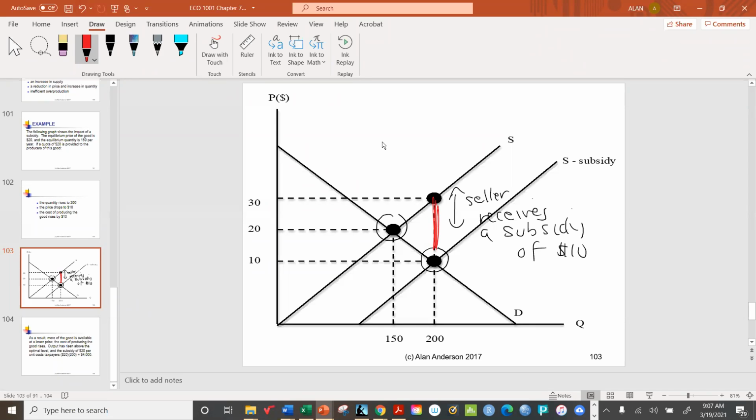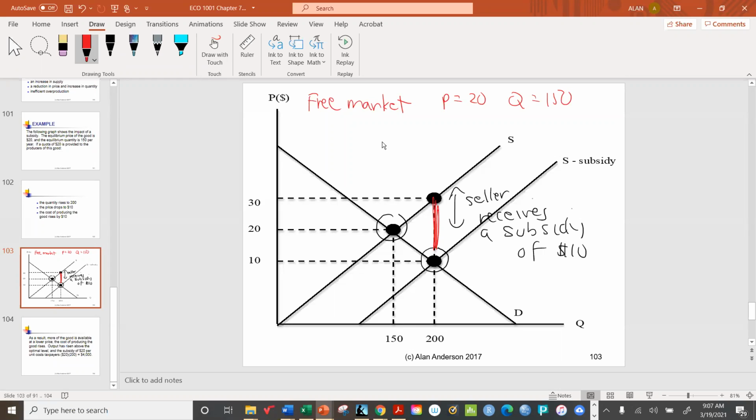So when you shift the supply, look at the original supply curve. Before, with the free market, you had a price of 20 and a quantity of 150. Whereas now you've got a price of 30.